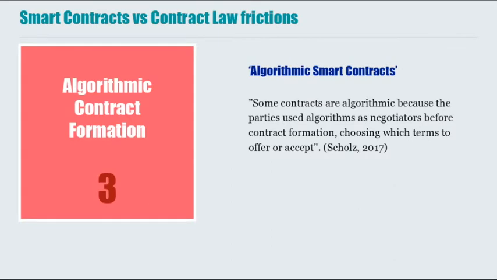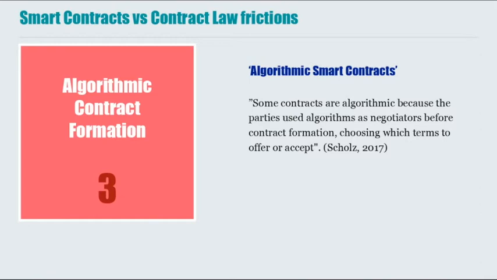So we have to distinguish between two types of smart contracts: those that are formed in the analog world with the normal and traditional meeting of the minds, the bargain out of the online system, and then those that happen without any prior offline negotiation between the parties.